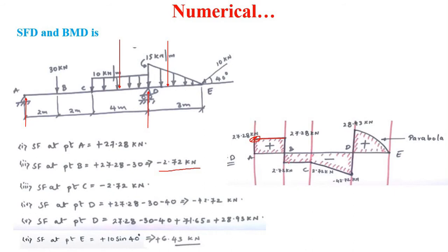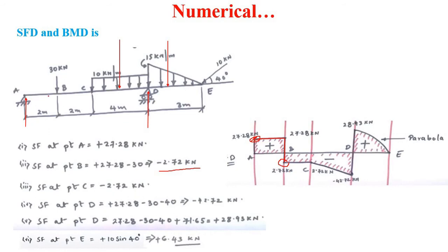So mark this point here, 2.72 kilonewton at the downside of this horizontal line. Join these two points by a straight line because only a point load is there at point B.